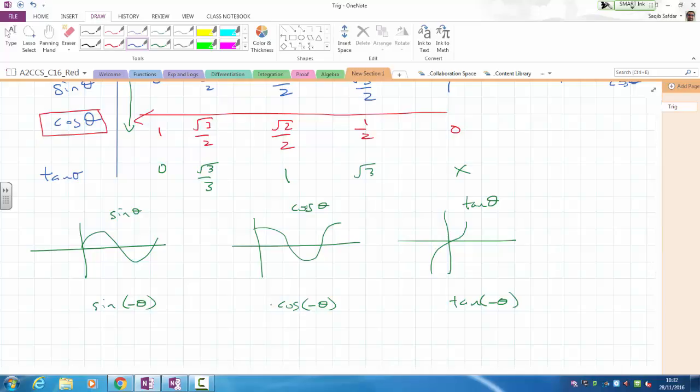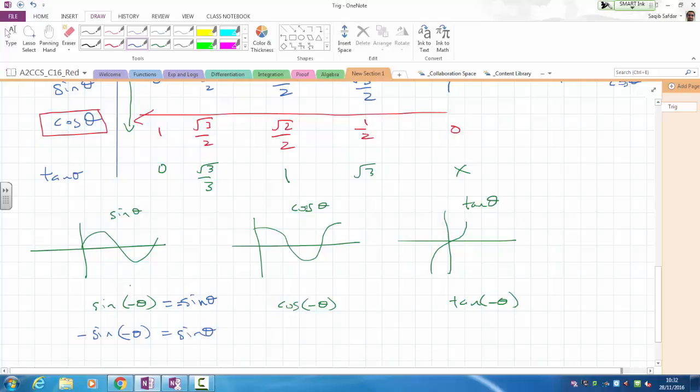Y-axis, right? So if I reflect this in the y-axis, do I end up with the sine of theta? If I reflect it in the y-axis and then reflect in the x-axis, what do you get? Sine of theta. That means the sine of minus theta is minus the sine of theta. Or said another way, minus sine of minus theta equals sine theta.